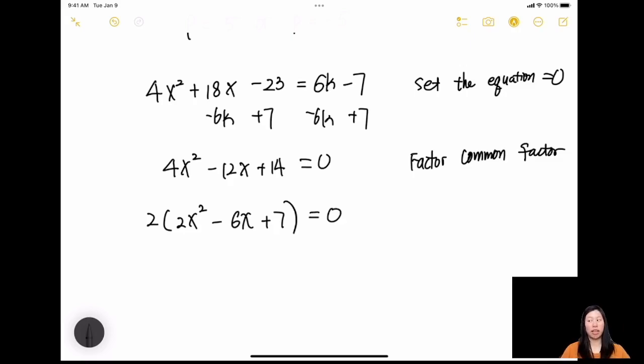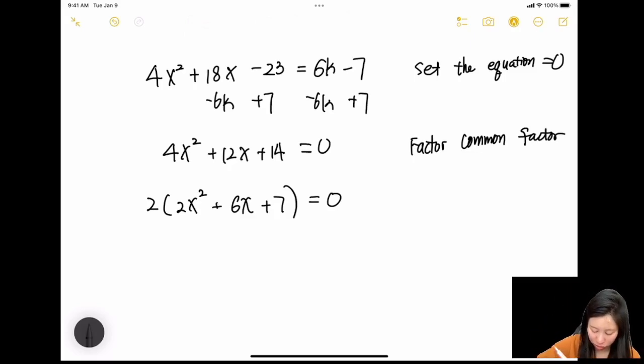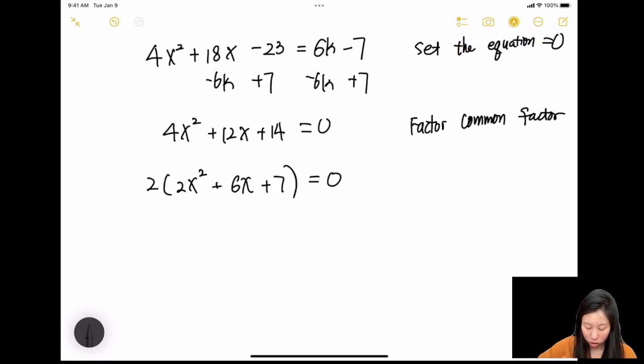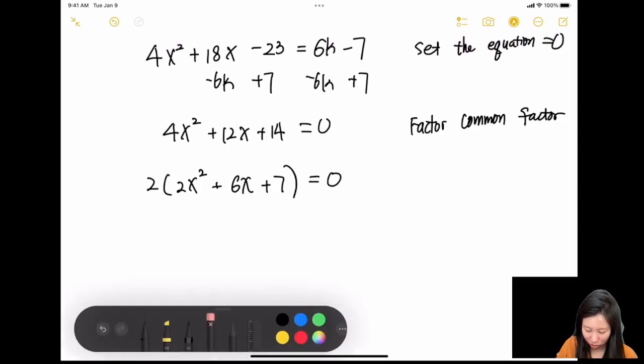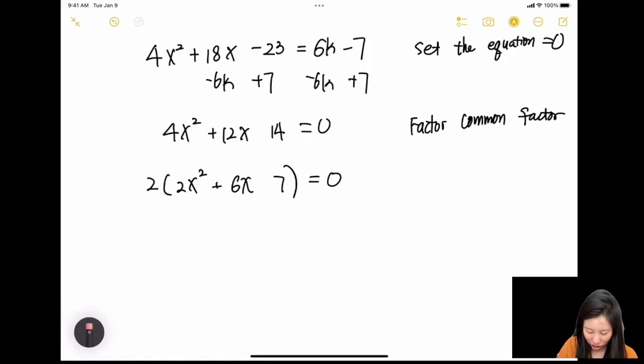The easy method doesn't work because a is not equal to 1, so we can use cross multiply. Let's try it. Okay, I did something wrong, this should be plus. Oh, I found another typo, this should be subtract.